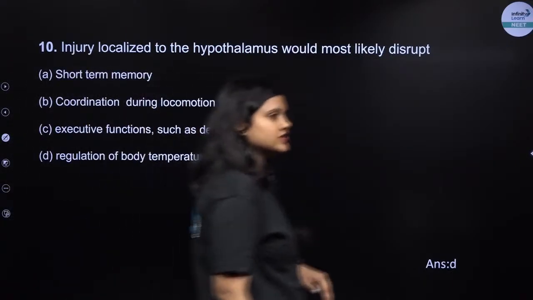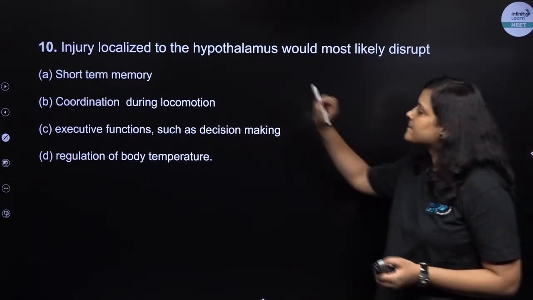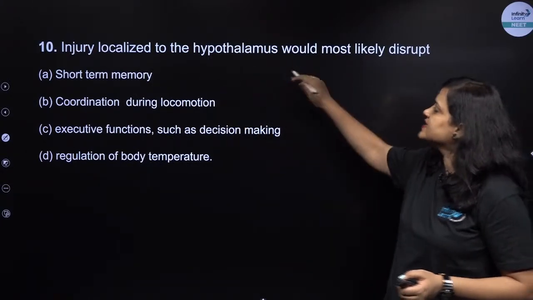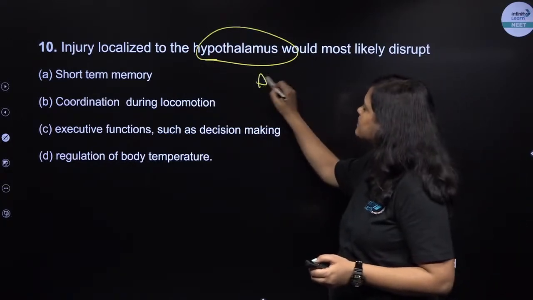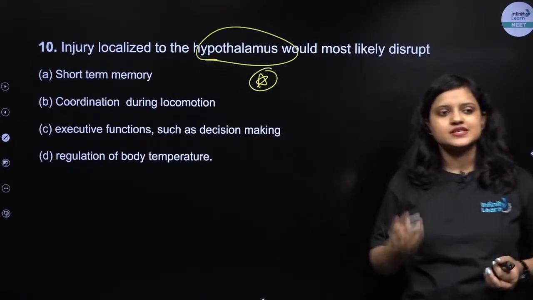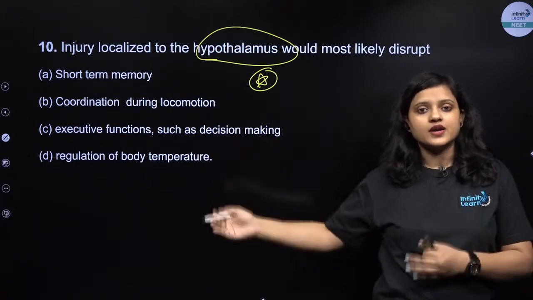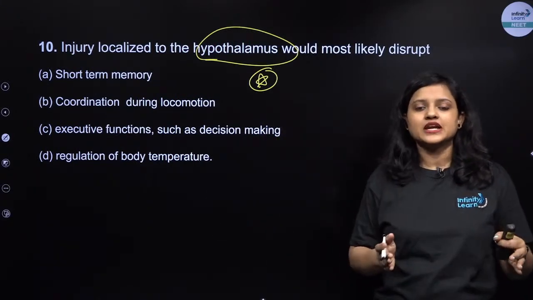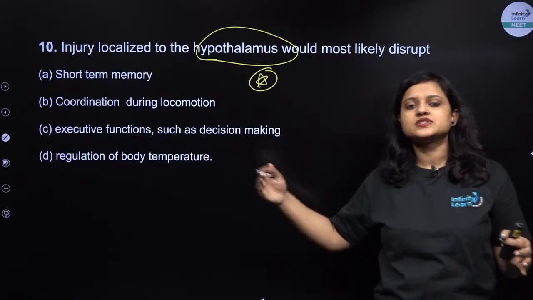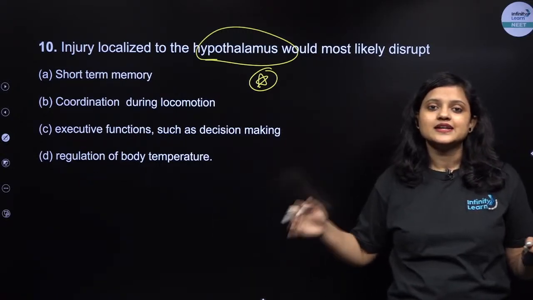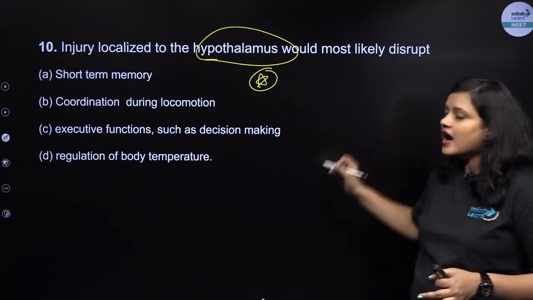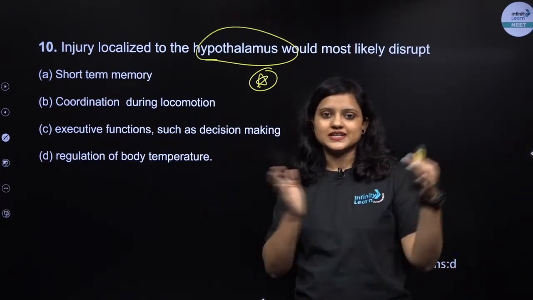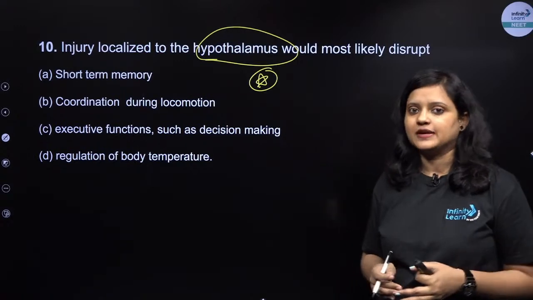Now next question on the screen. Injury localized to the hypothalamus. Very important, hypothalamus is repeatedly asked in your exam. One important function of hypothalamus is homeostasis or temperature regulation, right? Hunger and thirst centers are also present in the hypothalamus.